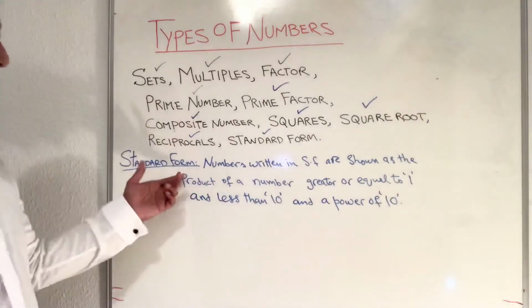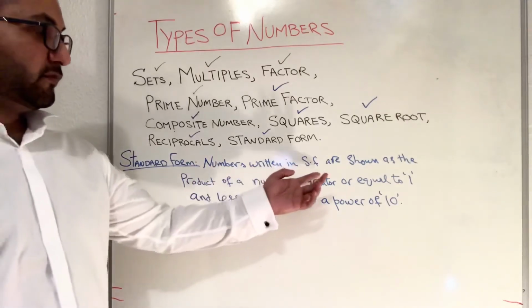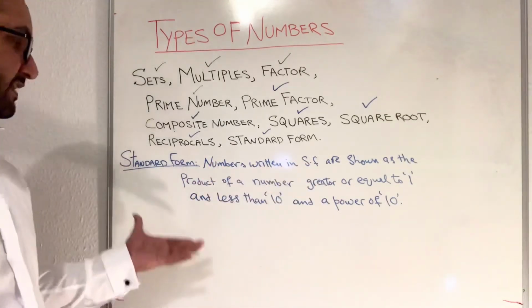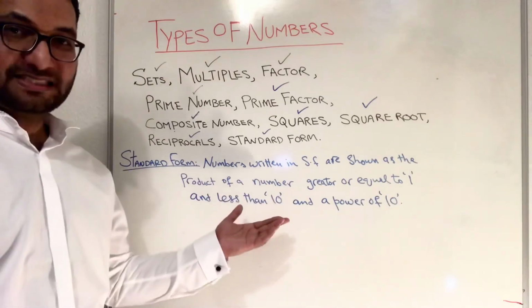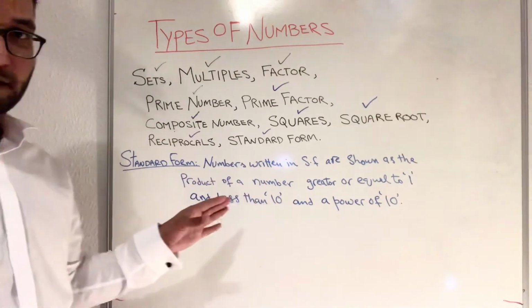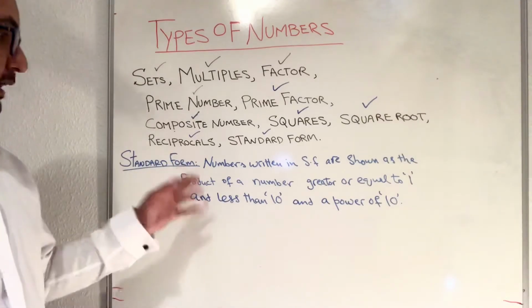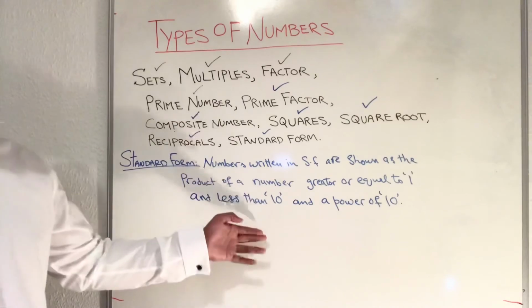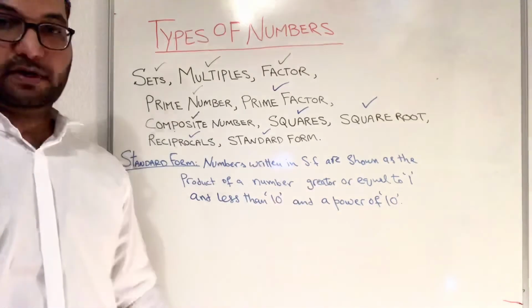A number written in standard form is shown as the product of a number which is greater than or equal to 1 but less than 10, and a power of 10.